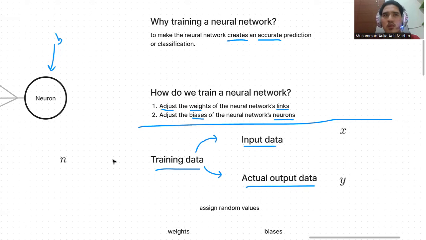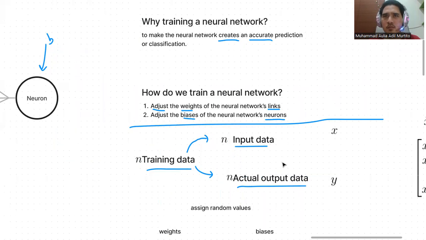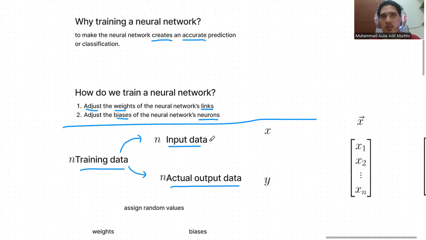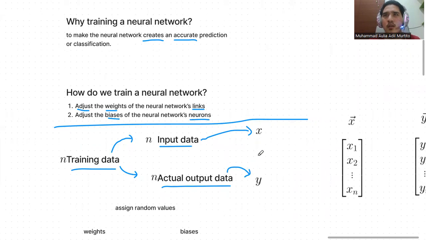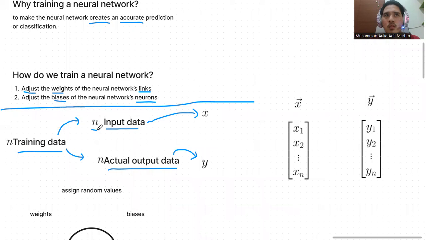If we represent the input data as X and the actual output data as Y, and we have n of those data, there will be n x's: x1, x2, up to xn.